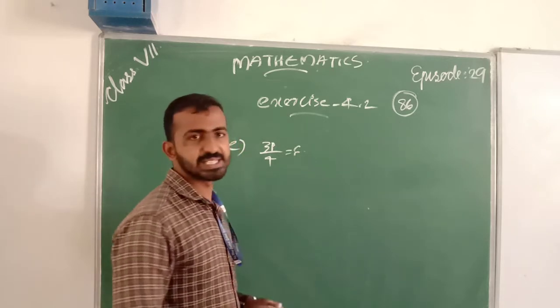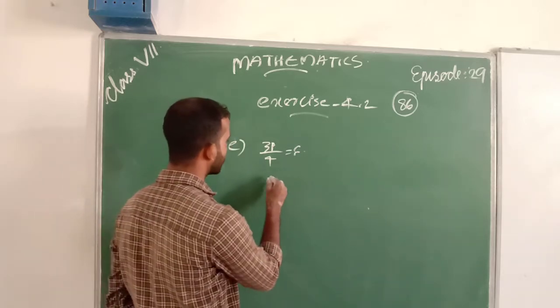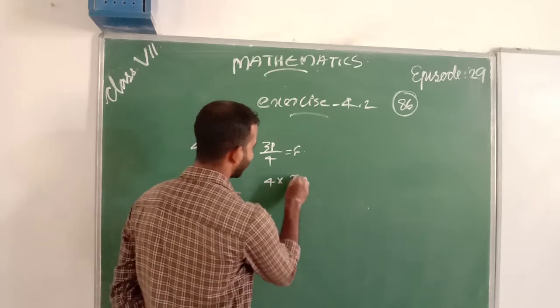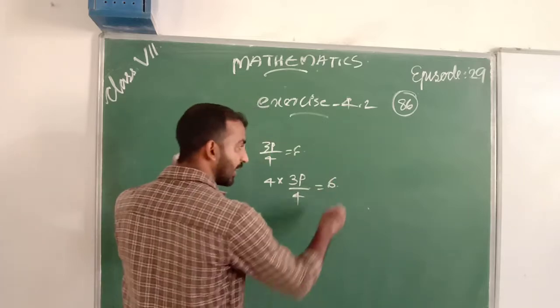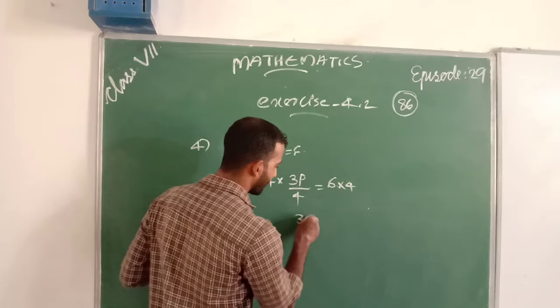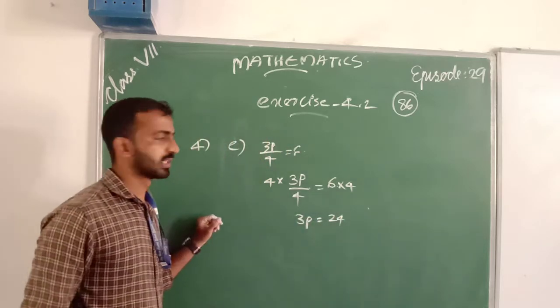Then what is the answer? First we multiply by 4. That is 4 into 3p by 4 equal to 6 into 4. That is, we get 3p equal to 24. Is it?